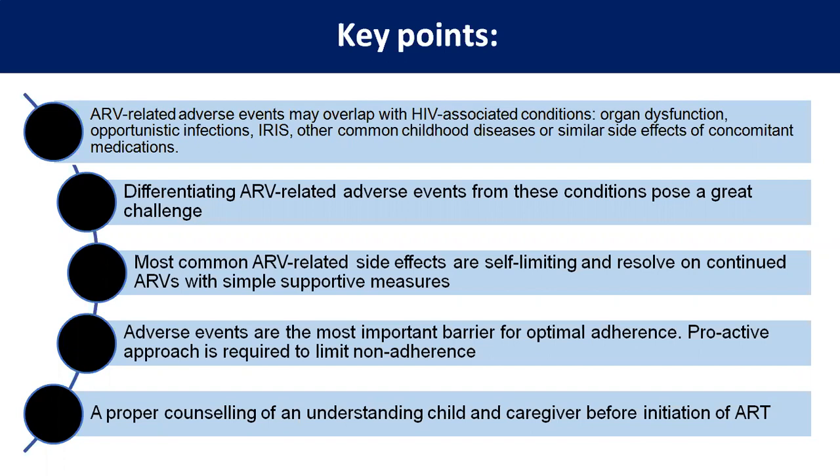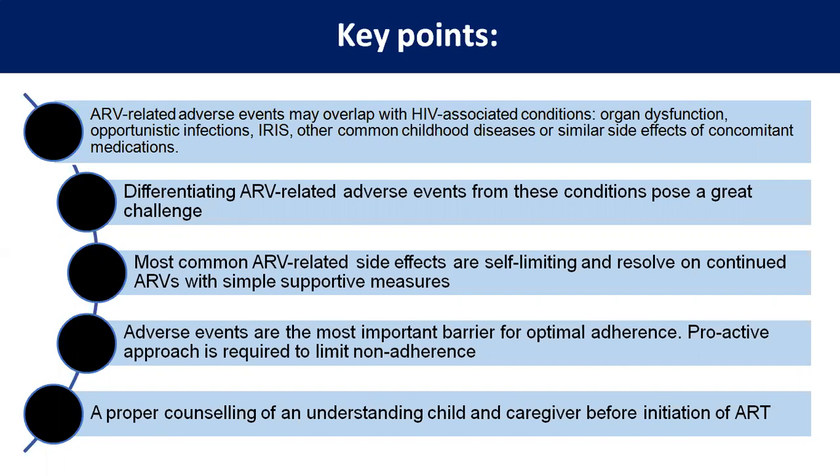For example, hepatotoxicity may be due to HIV, Hep B, Hep C, tuberculosis, or any drug. Differentiating ARV-related adverse events from these conditions poses a great challenge. There's no harm in taking a second opinion; if you are confused, take the opinion of others. Always be confident in differentiating ARV-related adverse events from opportunistic infections or the disease itself.